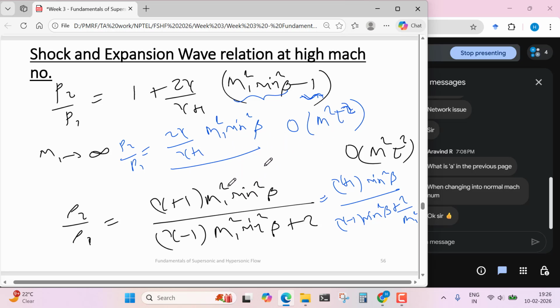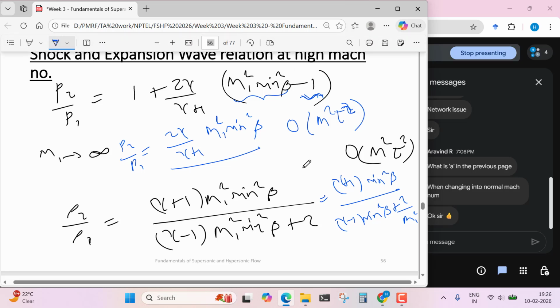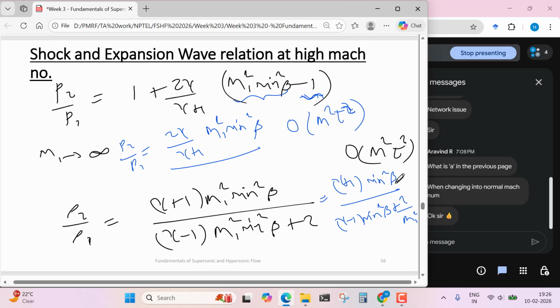For small angles, rho 2 upon rho 1 is given by (gamma plus 1) m1 square sin square beta upon (gamma minus 1) m1 square sin square beta plus 2. If we divide both numerator and denominator by m1 square, we will get (gamma plus 1) sin square beta upon (gamma minus 1) sin square beta plus 2 upon m1 square.